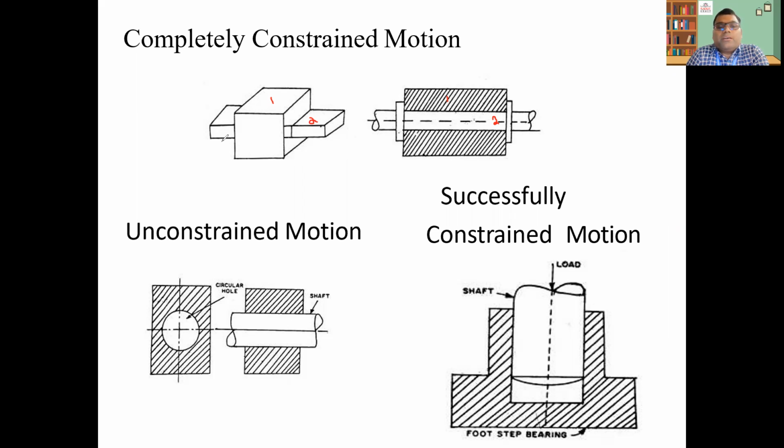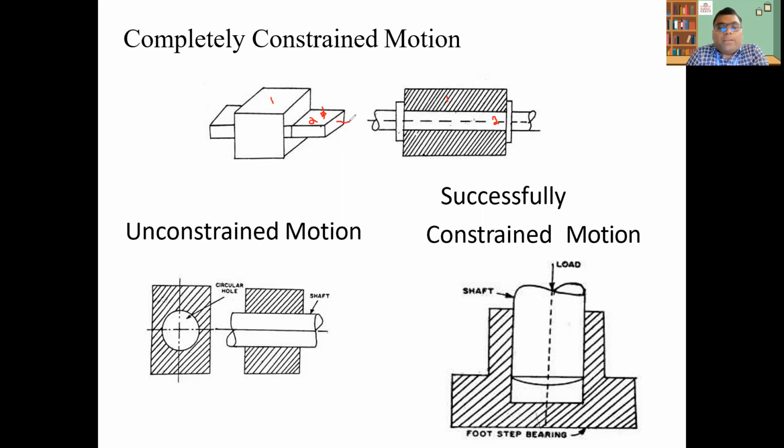This first diagram is a typical example of a prismatic pair. As I explained, only one direction of motion is possible irrespective of the applied force. If we apply force in this direction, no motion is possible, because it only allows motion along the x-axis.